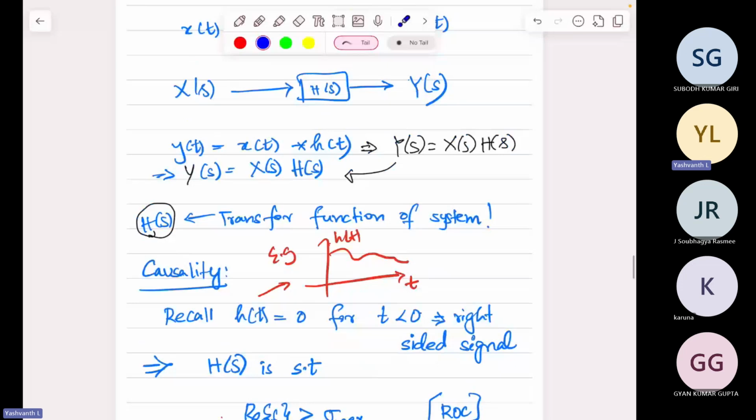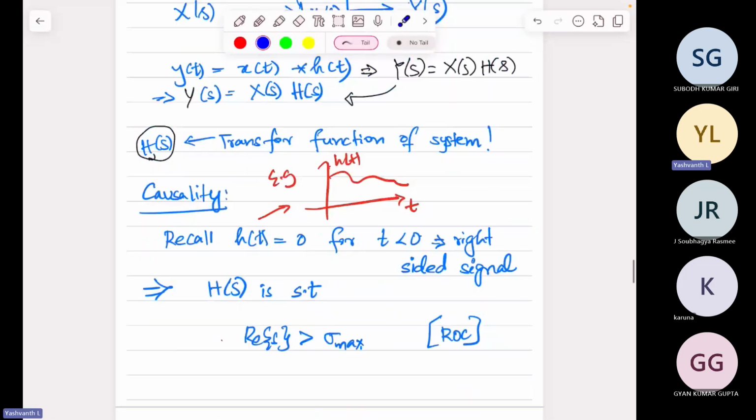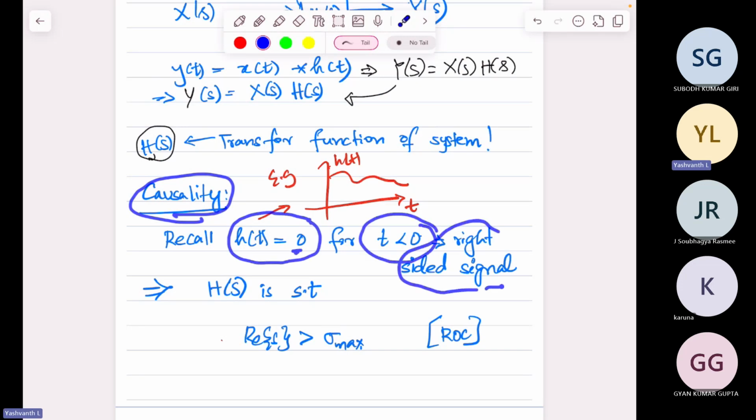Similarly, you can characterize causality, stability and all these things using the transfer function also. In terms of causality, recall that the impulse response should take the value 0 whenever t is less than 0. That is, the impulse response should be a right-sided signal. That is needed for causality.